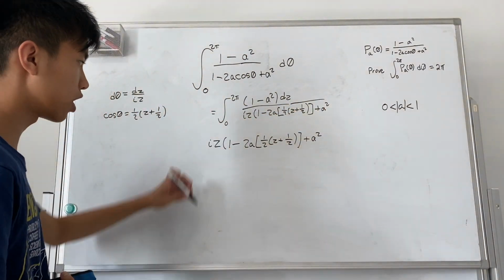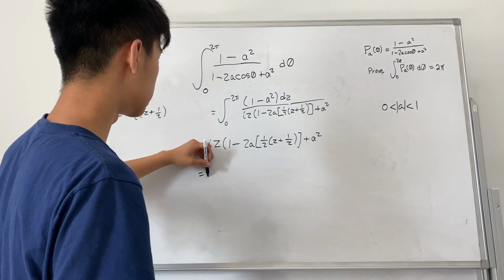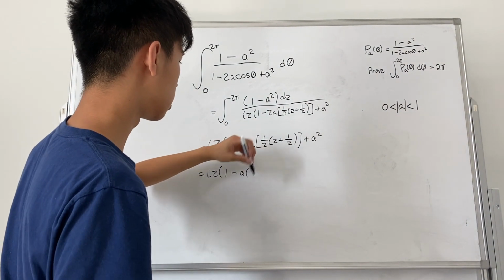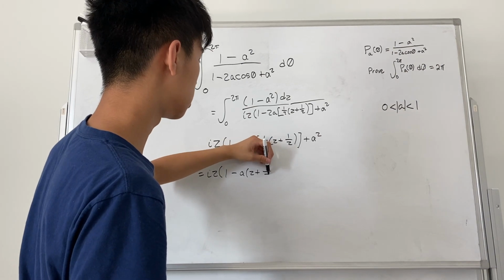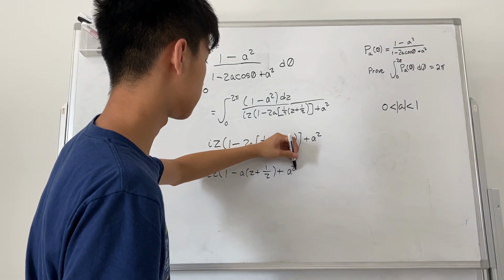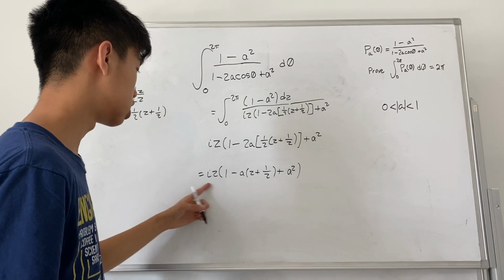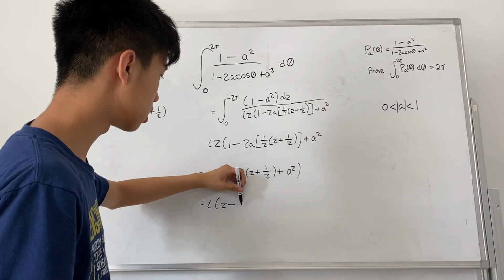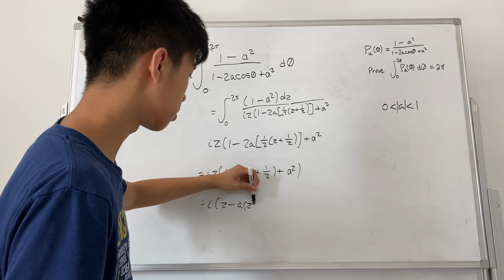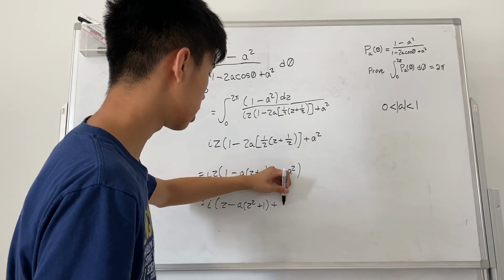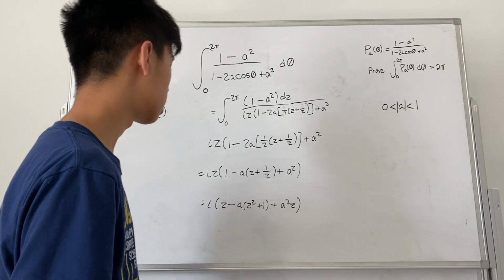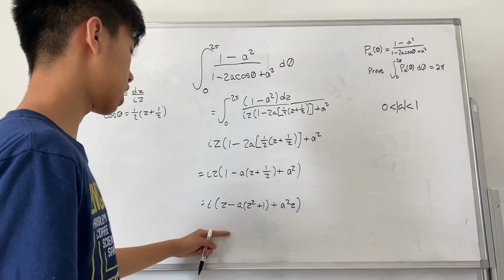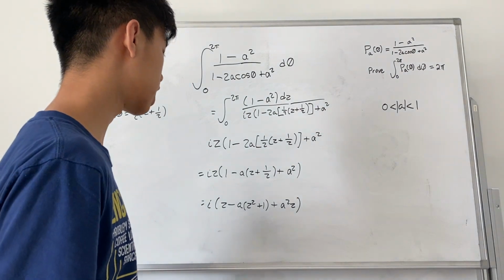So we can simplify this a little, and then distribute z to everything, so now we have just i times (z minus a z squared plus 1 plus a squared z). And then we notice that the groupings of the terms are, with respect to a, we want to switch that to z.